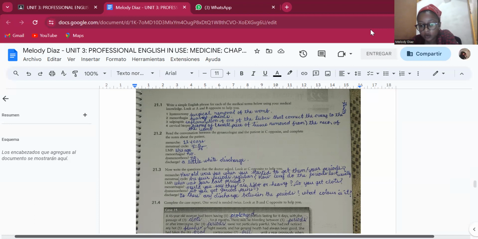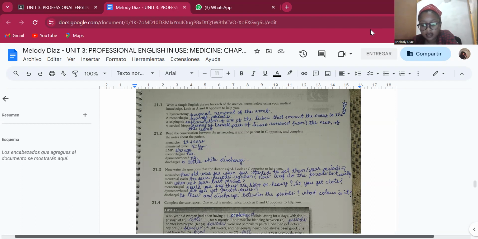Her periods were not particularly painful. She had not noticed any hot flushes or night sweats, and her general health had always been good.